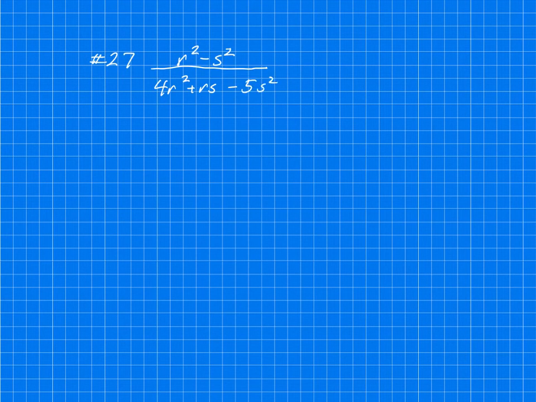So my hint to you is that the top is a difference of two squares. I'm hoping that you can figure out how to factor that on your own. I will start you, though, with the factoring of the 4r squared plus 1, if you will, rs minus 5s squared.